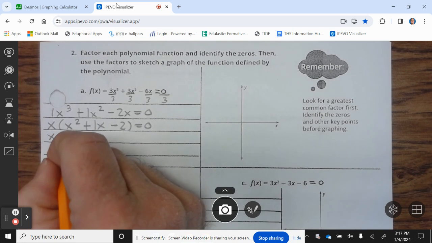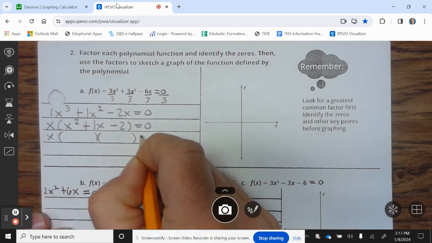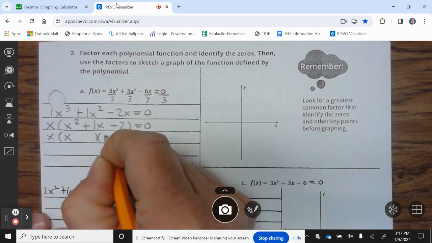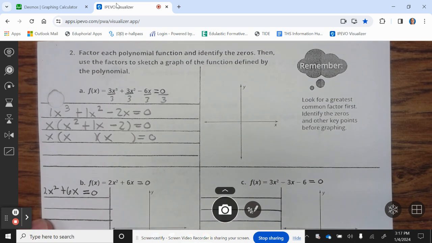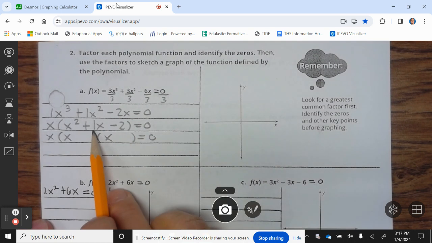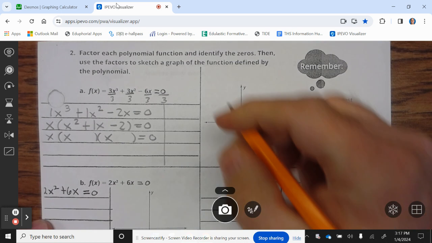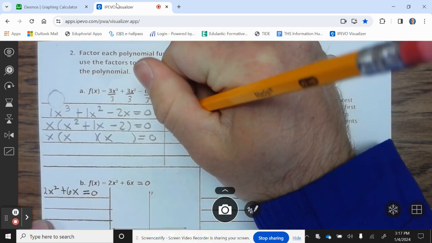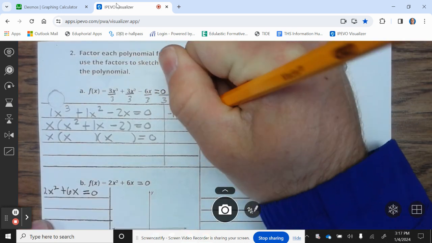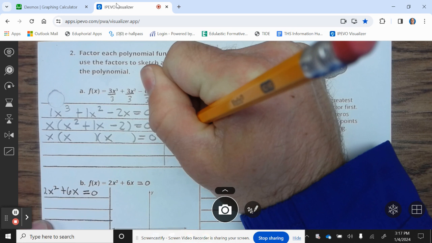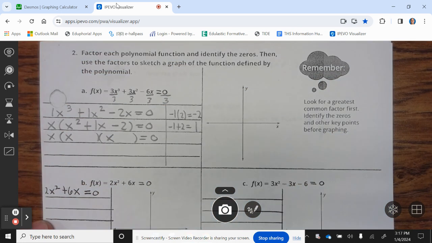So 2 parentheses, x and x. Now we need to figure out what numbers multiply to give you negative 2 combined to be positive 1. Since the middle number is positive, the bigger number is positive. So negative 1 times 2 is negative 2. Negative 1 plus 2 is 1. So that works.